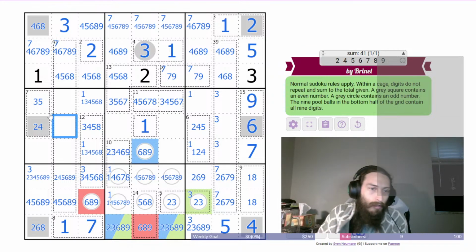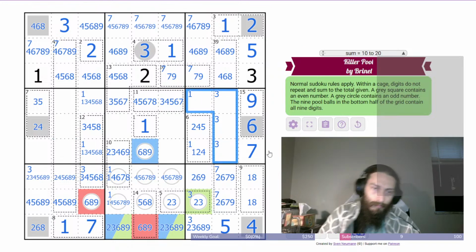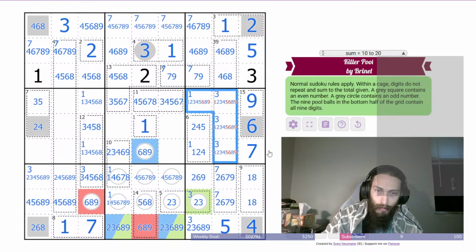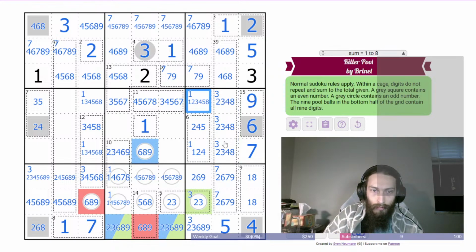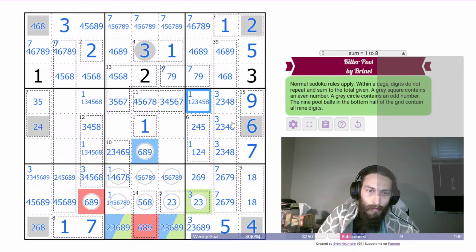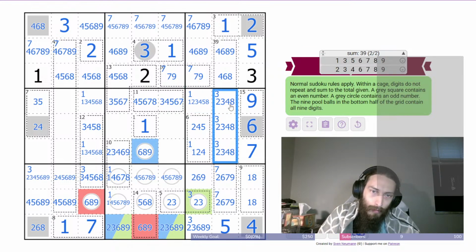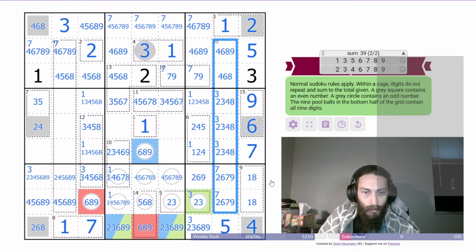Put in a lot of stuff that has a lot of digits. It's like, what's going on over here? 7, 6, and 9. Can't put 1 or 5 in there. But that's not affected. But this is 2, 3, 4. 6, 8, 7, 9.